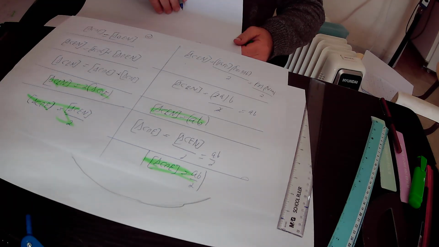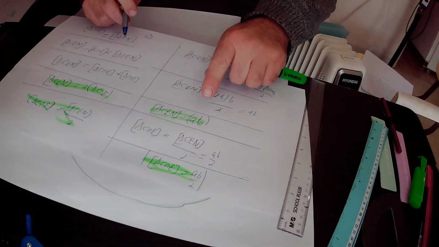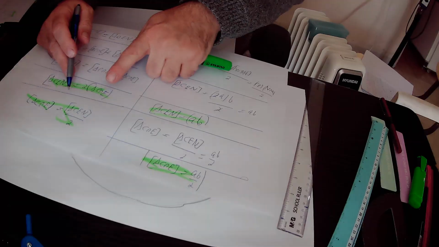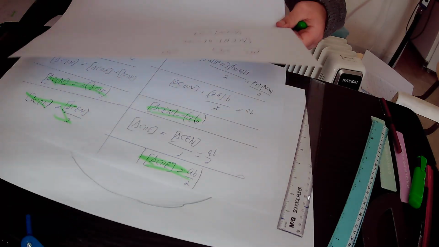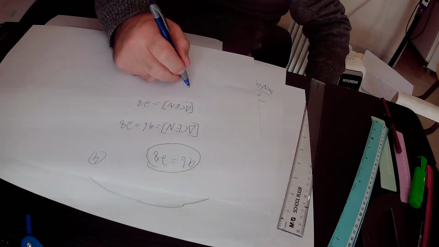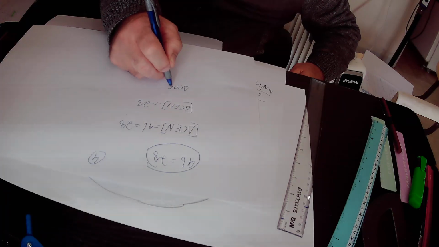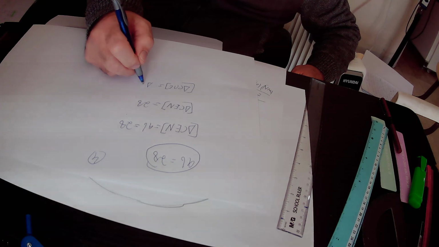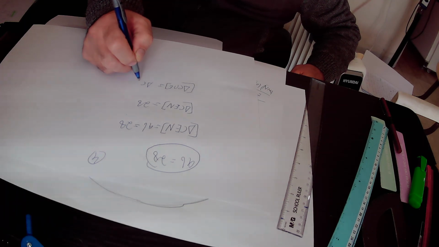We also found out that the area of the green triangle COE equals the area of the big triangle CN over 2. So write it down. The area of the small green triangle COE is equal to the area of the big triangle CN over 2. This is half of the area of the big triangle CN.